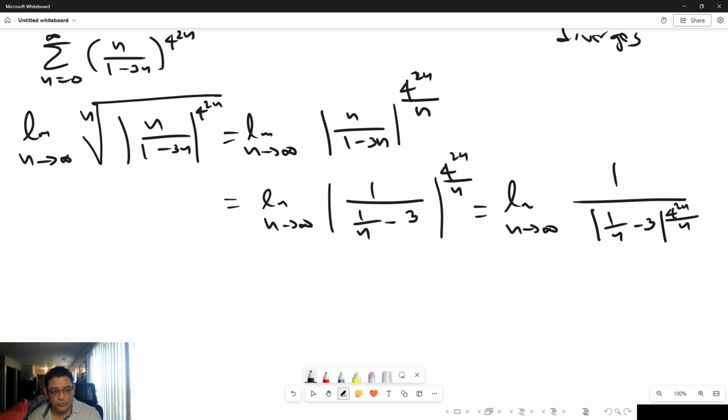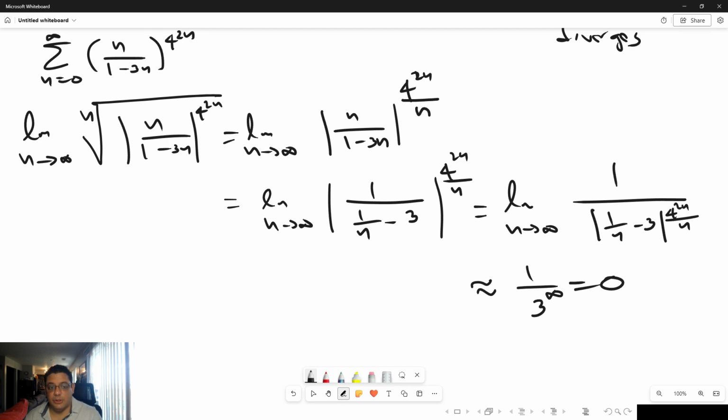So this goes to infinity and this goes to 3, so numerically this is like 1 over 3 by a number that is really large, and so this goes to 0.